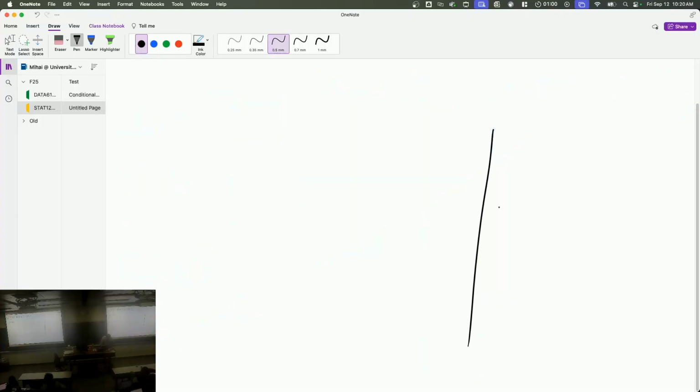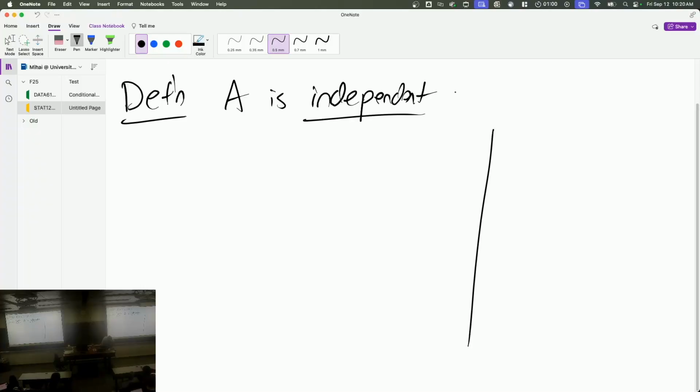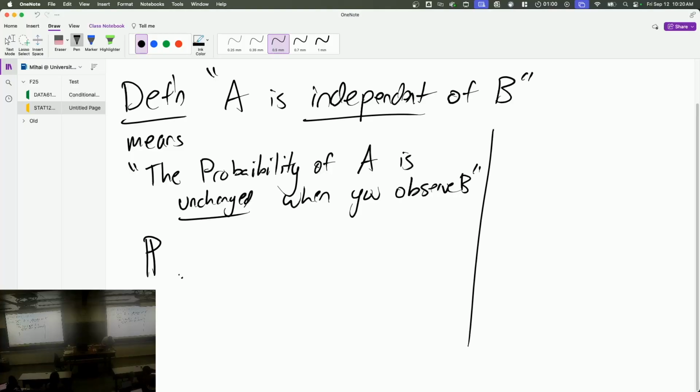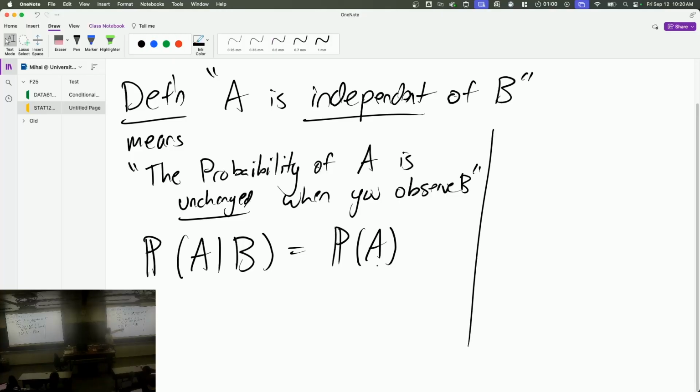Okay. So the definition: A is independent of B. This means the probability of A is unchanged when you observe B. And in symbols, this is the probability of A given B equals the probability of A. So the probability of A given B is what it is after you observe B. The probability of A is what it was before.